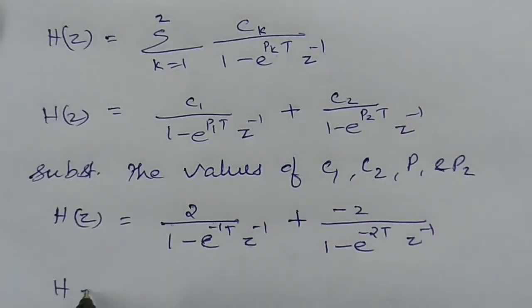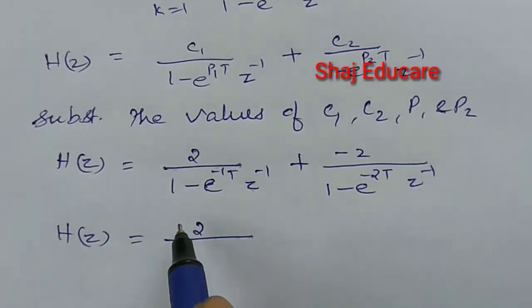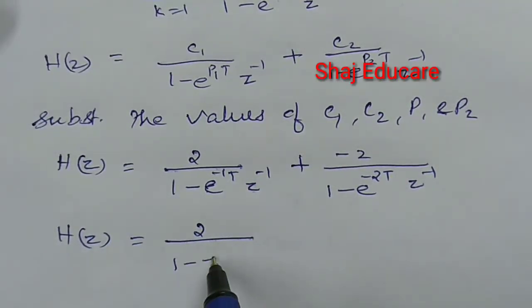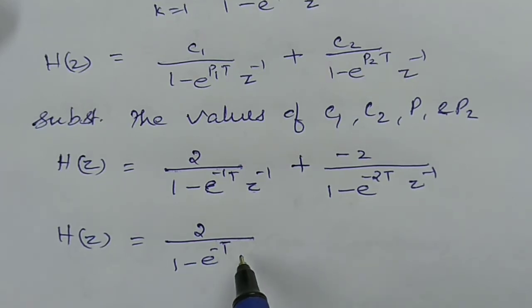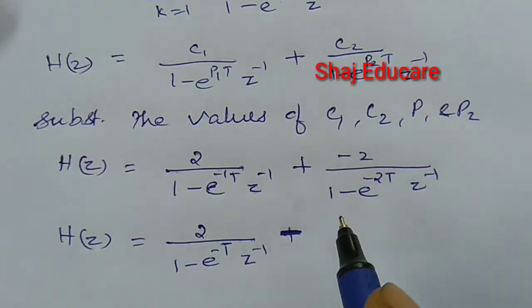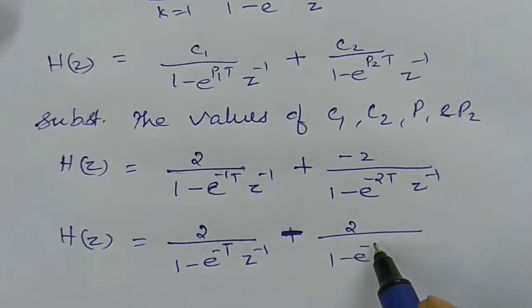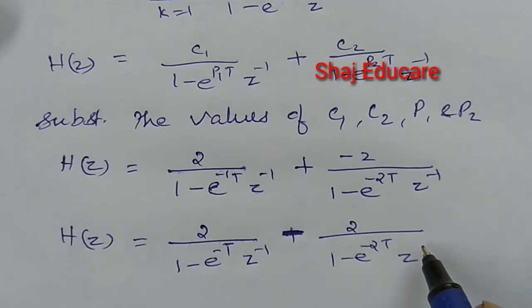On rearranging, we get h of z is equal to 2 divided by 1 minus e raised to minus t into z inverse, plus into minus becomes minus 2 divided by 1 minus e raised to minus 2t into z inverse.